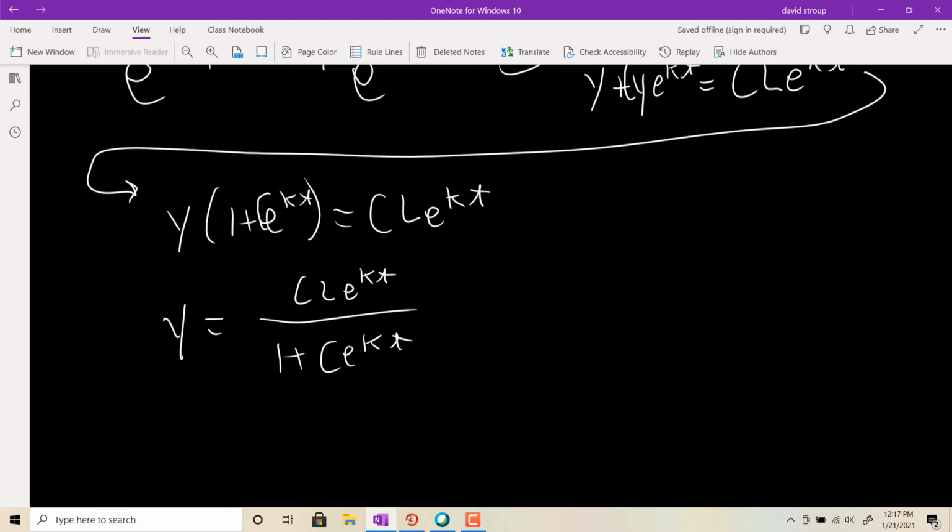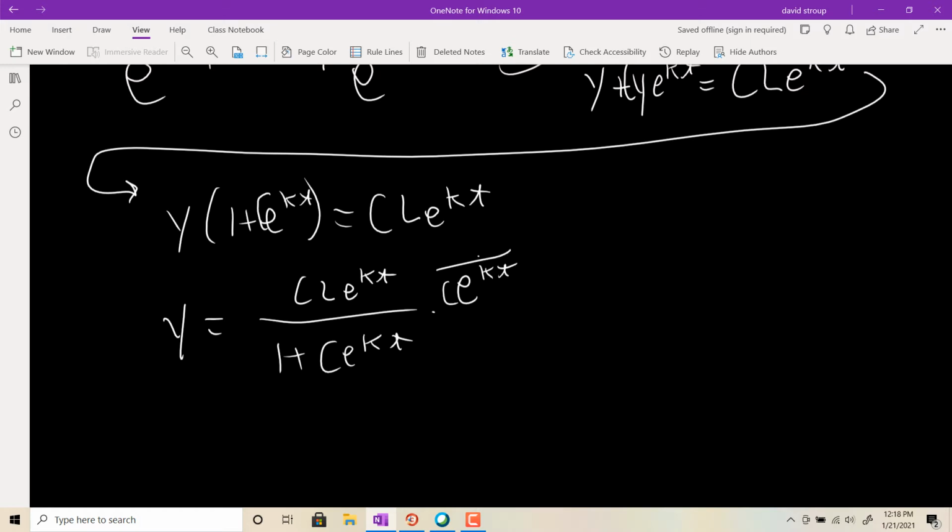which is an explicit form, but we want the form they have in the book and the formula that's traditionally viewed as the logistic equation. So I'm going to divide top and bottom by C e to the kt.